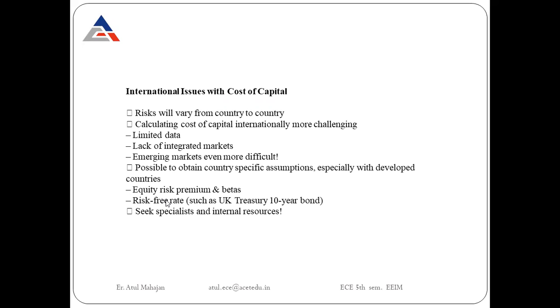We need to know how we can obtain the country-specific assumptions that have to be maintained. Then the equity risk premium and betas are always there. The risk-free rate is always there, such as the UK treasury 10-year bond.